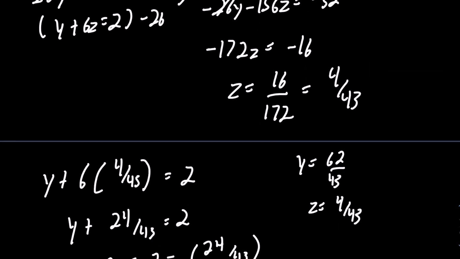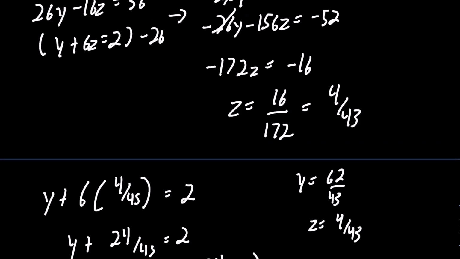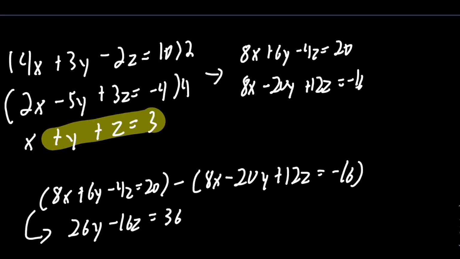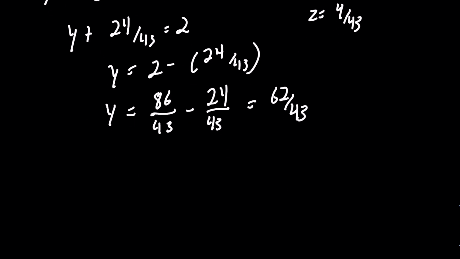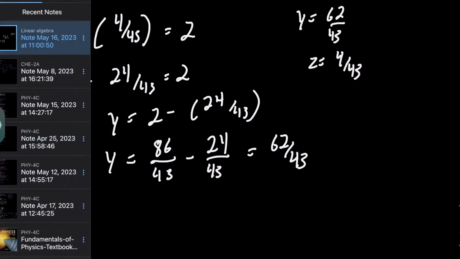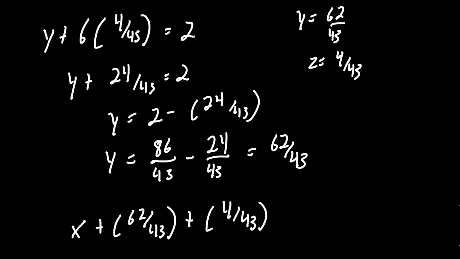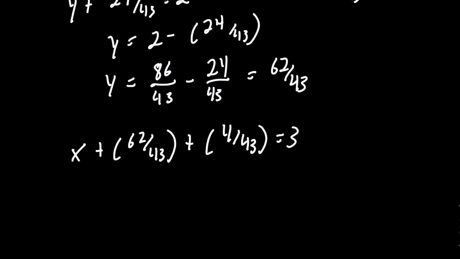We can grab this equation and plug into wherever we deem it necessary. So we'll grab our y and z values and plug them into this equation right here. So therefore, x plus 62 over 43 plus 4 over 43 is equal to 3, and therefore x plus 66 over 43 is equal to 3.